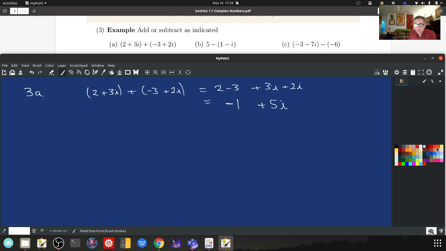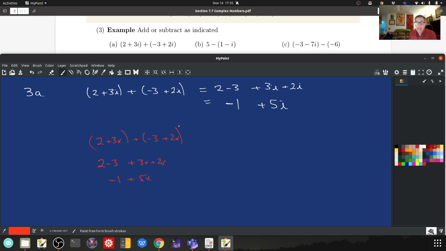Just so you can see by analogy, 2 plus 3x plus minus 3 plus 2x. Same exact principle. You go 2 minus 3 plus 3x plus 2x, which gives you minus 1 plus 5x, and in this case our x is i.